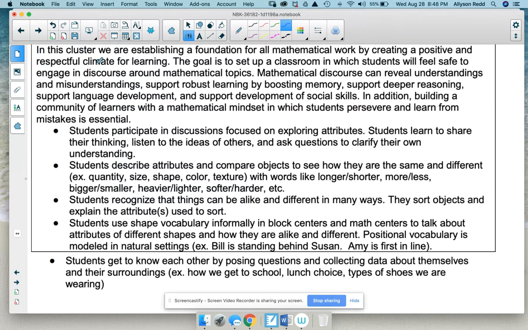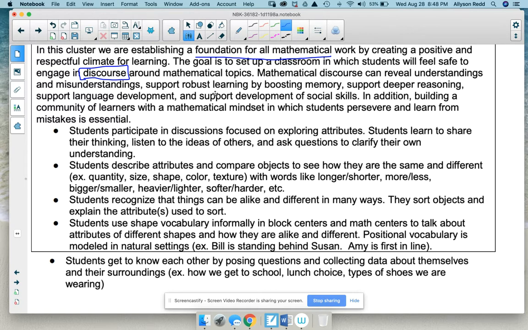Okay, so in this cluster, we are establishing a foundation for all mathematical work by creating a positive and respectful climate for learning. I like this word discourse. That means students are going to be expected to talk about topics, right? To reveal their understandings and their misunderstandings.